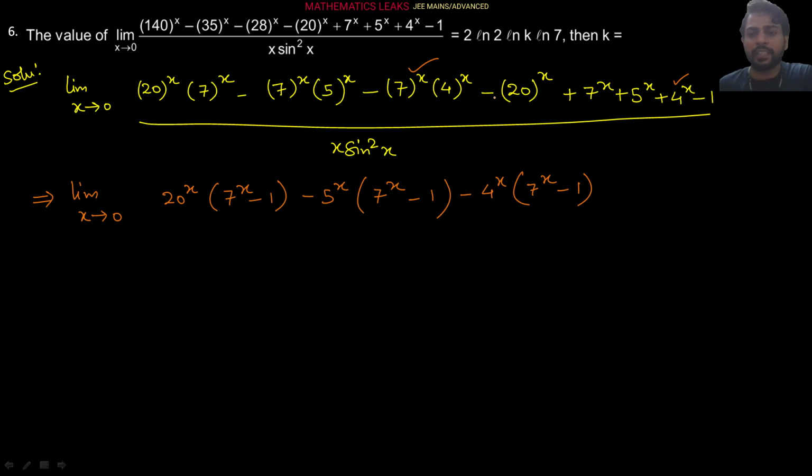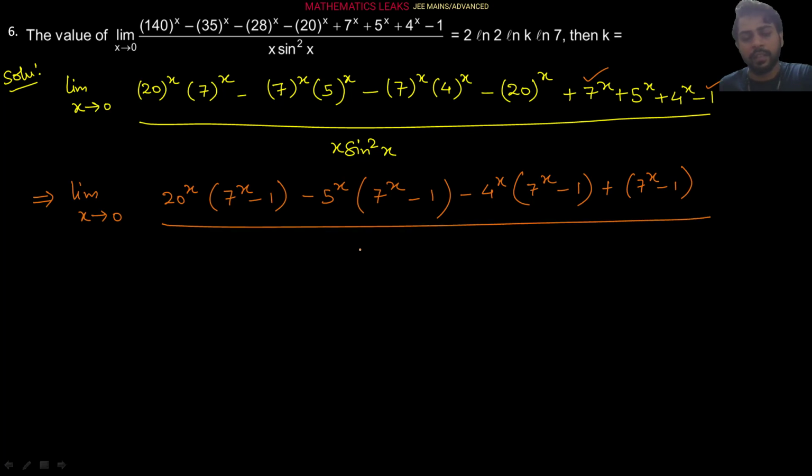And also you can see from these two parts, we can write down together as (7 to the power x minus 1) whole upon x into sine square x, right now, clear?